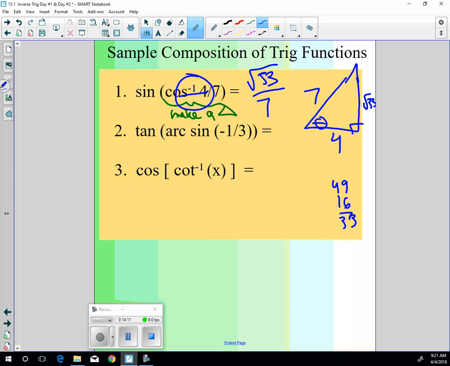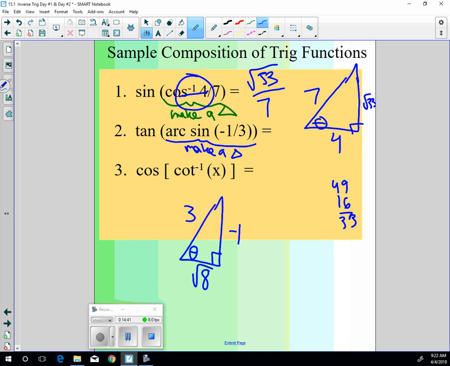And let's see if we can do this one. Here you go again. Arc or inverse in the parentheses allows you to make a triangle. And maybe it doesn't have the arc. You can't make a triangle, only if it's an inverse, because we've got to turn it into a degree, so we make a triangle for that. Sine is -1/3, so this one's just going to be the square root of what? 8.